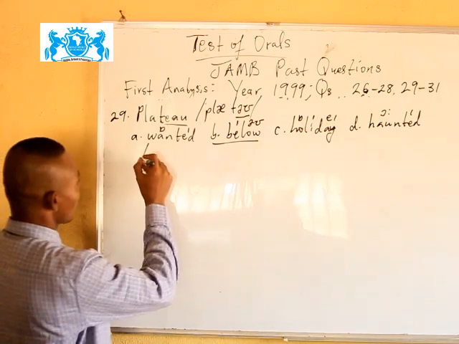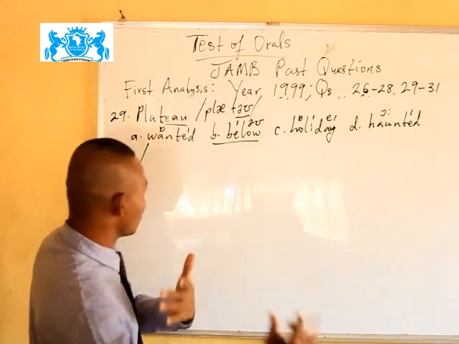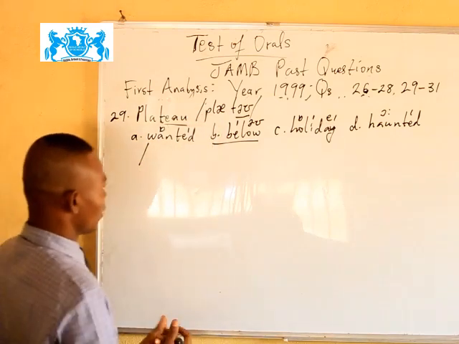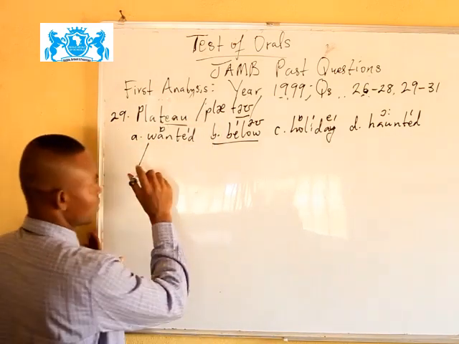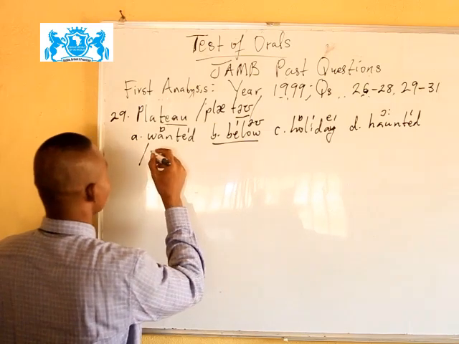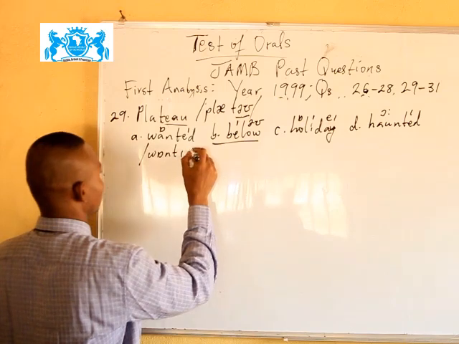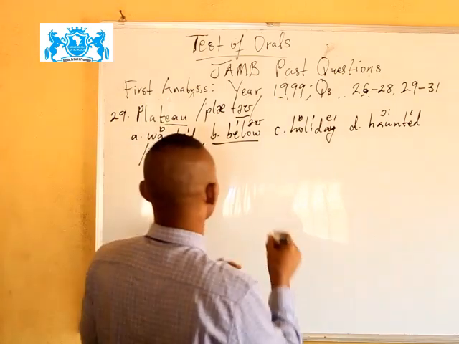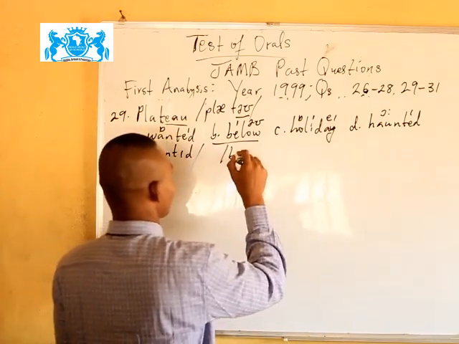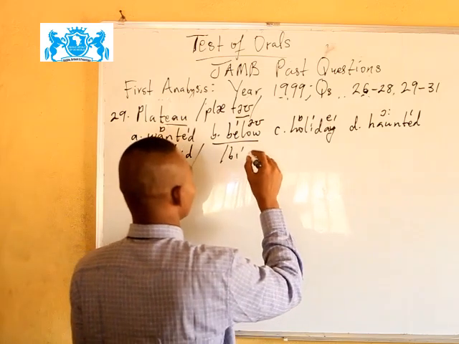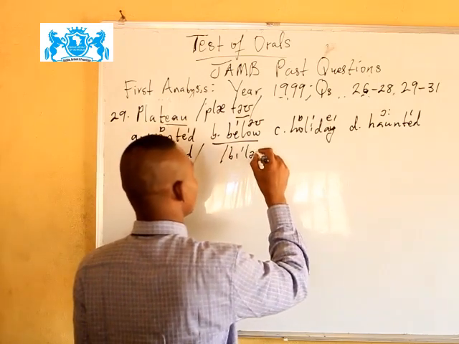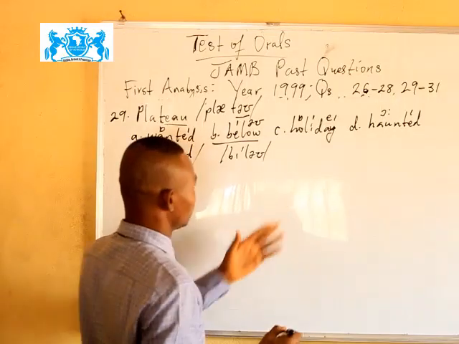If we were to transcribe all of them, maybe we'll not continue with that system, but for the sake of better understanding, let's just do this one. That's good. So we have wanted transcribed as wanted. Then below transcribed as below.